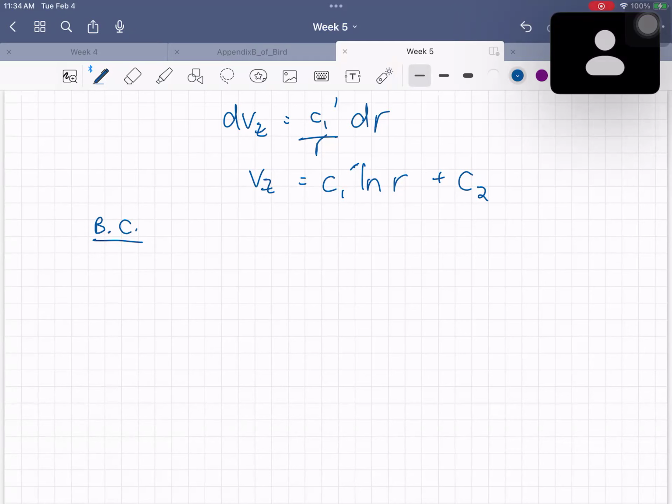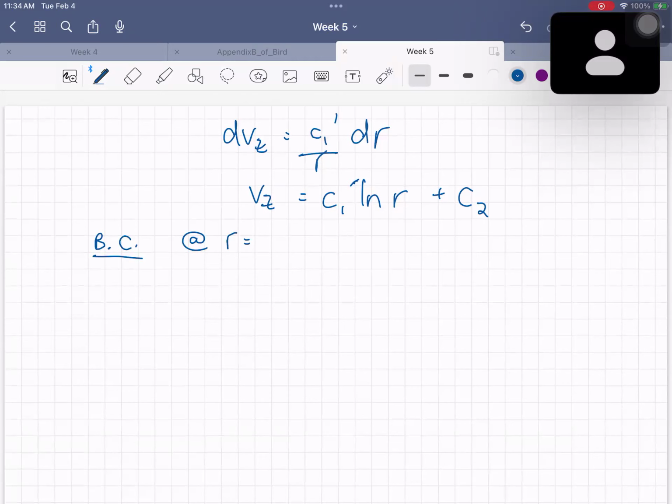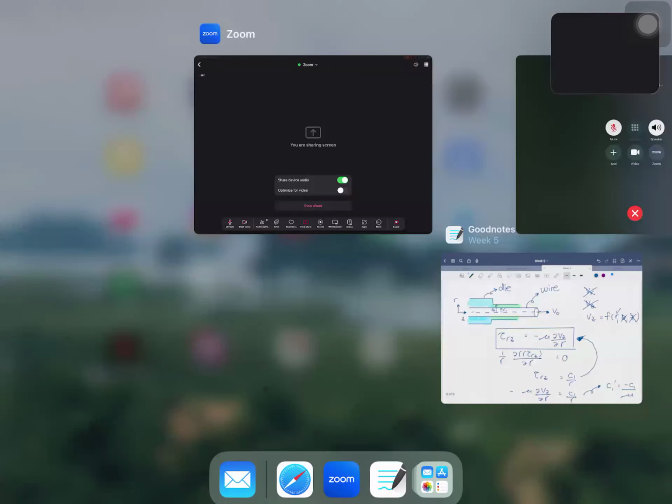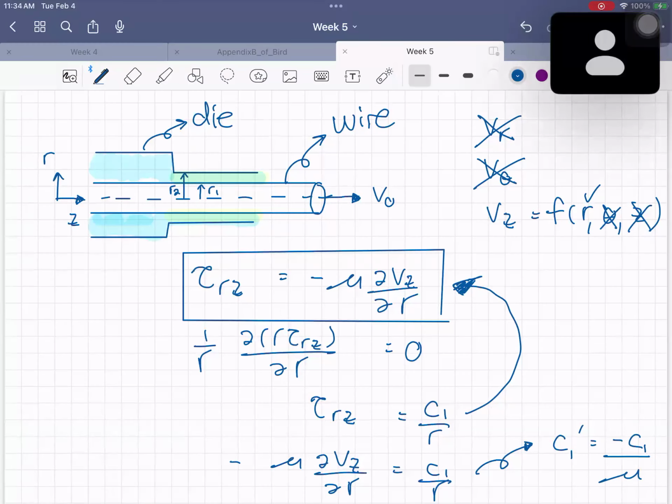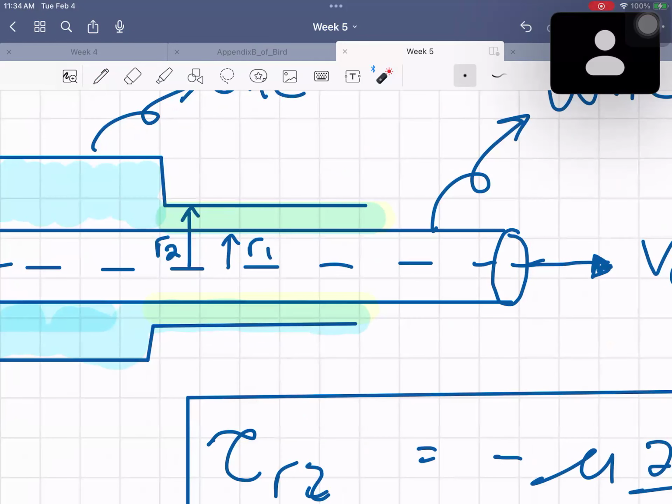Is that right? Okay, what would be the boundary condition? It will be something, the velocity at different r, right? So at r equal to r1 and r equal to r2, velocity vz. At r equal to r1, what would be the velocity? Everyone, we're almost done here.